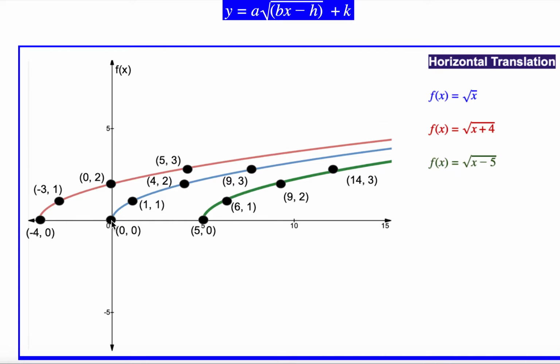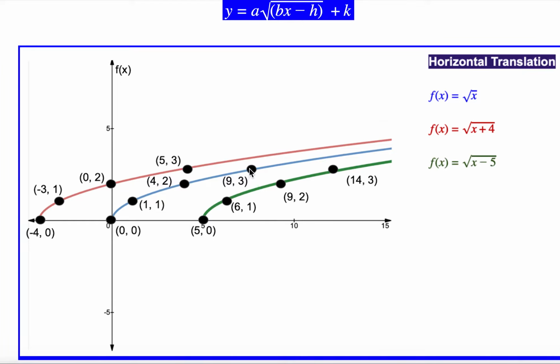With the red function the same thing happens, but the change is horizontal, 4 units to the left. Here is (0, 2) becoming negative 4, and the point (1, 1) is going to change from 1 to minus 3, on the left side. The second point here is (4, 2). As you see, the y coordinate of the point doesn't change. 2 is here, 2 is here, but the x coordinate changes 4 units, from 4 to 0.